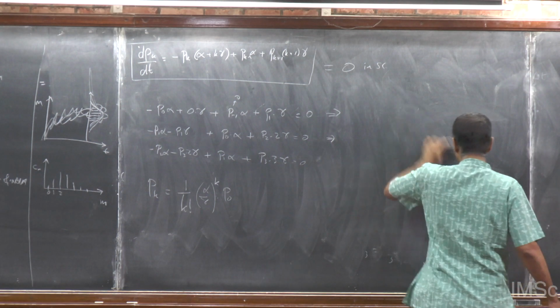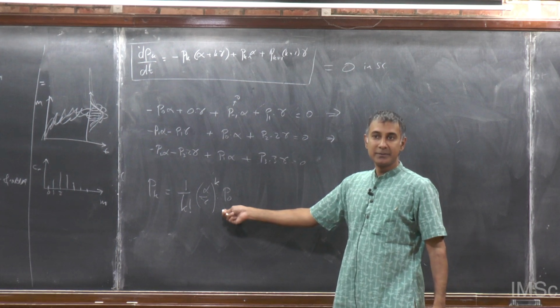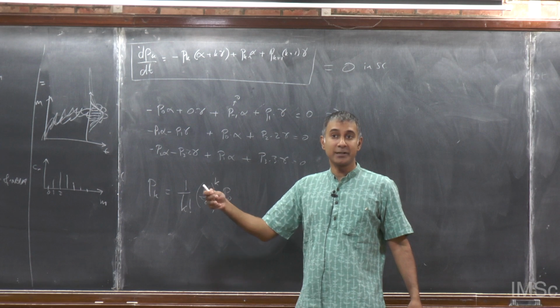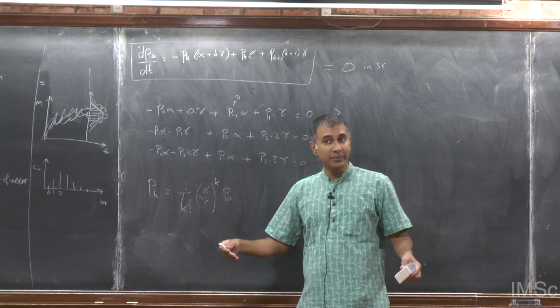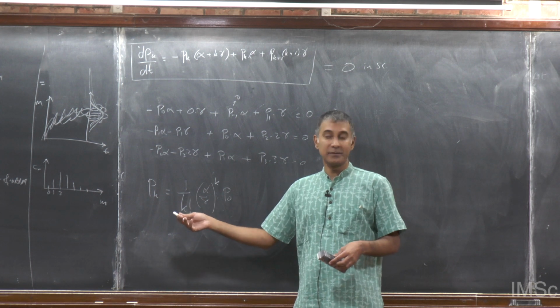So what do we do with p0? How do we deal with it? This is where we come back to the idea of what the p's are. The p's represent the fraction of cells that have k mRNAs. So the p is a histogram, and it's a normalized histogram. If it's a normalized histogram, what do we know about it?